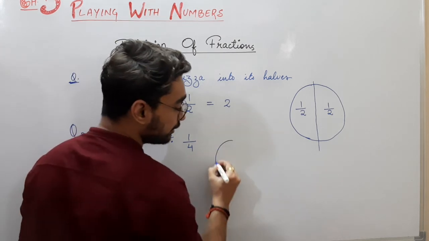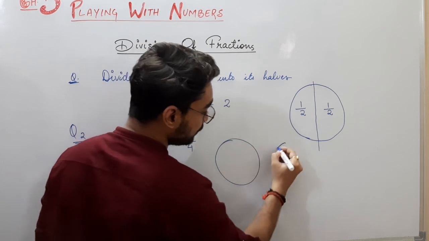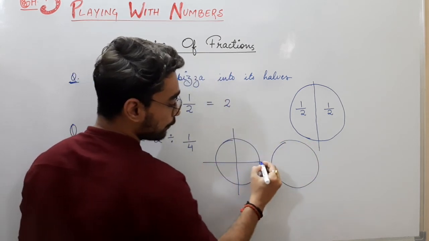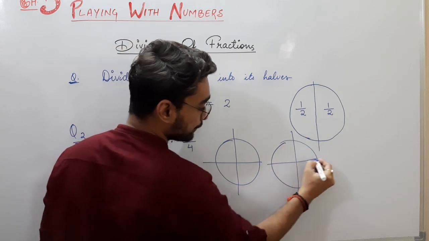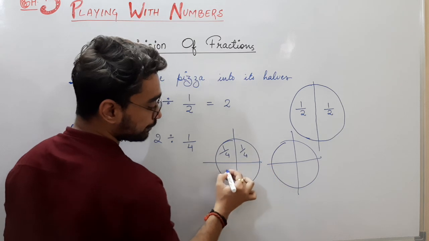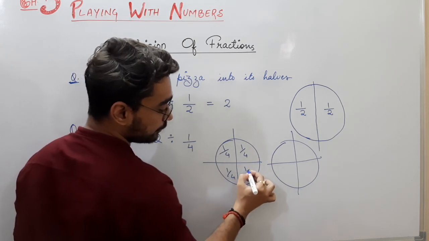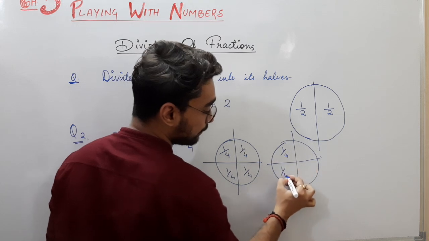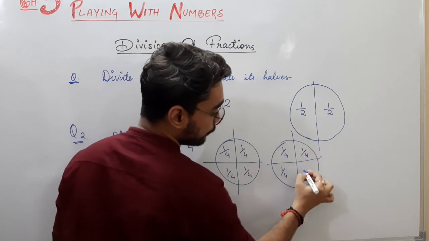So I have 2 pizzas here, and I'm dividing them into 4 parts. This will be 1 by 4, this will be 1 by 4, this will be 1 by 4, this will be 1 by 4, this also 1 by 4, 1 by 4, 1 by 4.